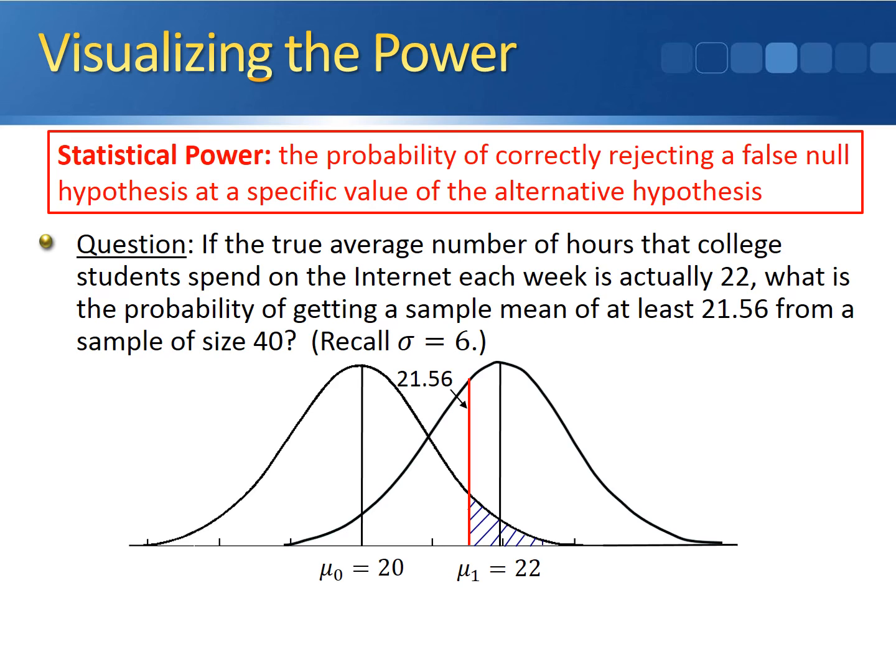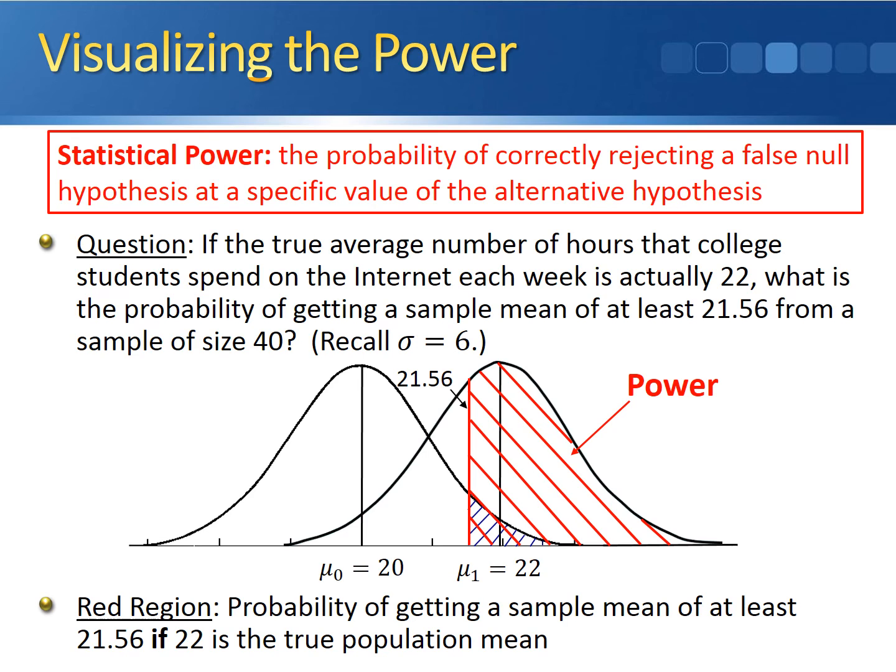We reject the null hypothesis for values of the sample mean larger than 21.56. The area of this red shaded region is the power of the test, and it represents the probability of getting a sample mean of at least 21.56 if 22 is the true population mean for the number of hours that college students spend on the internet each week.